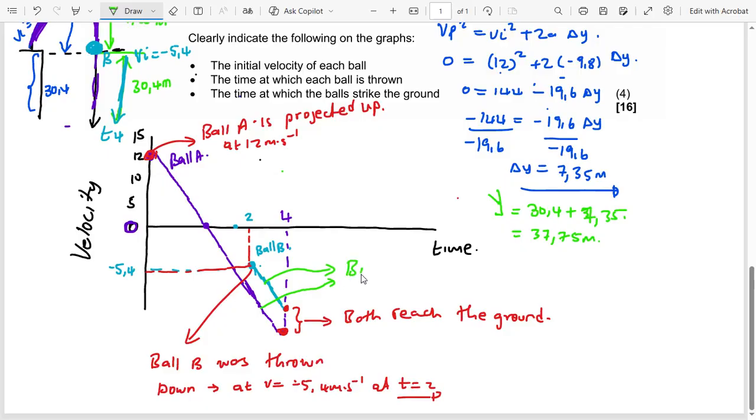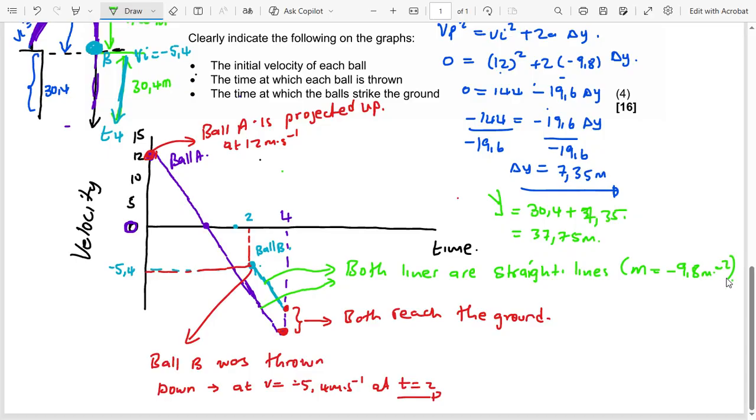So both lines are straight lines with a gradient that is equal to negative 9.8 meters per second squared. And that's it for this one, guys.